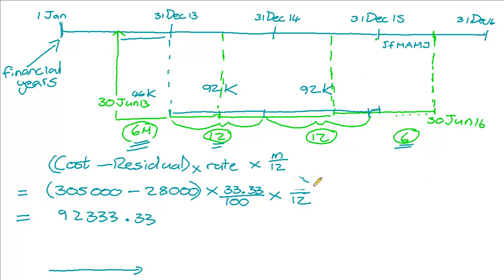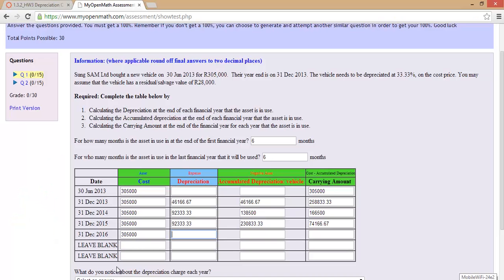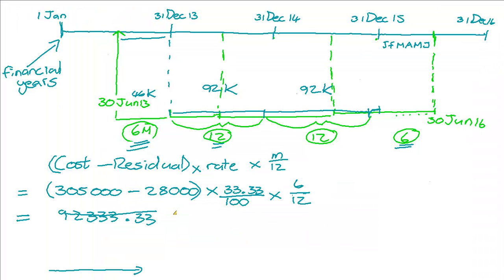If I take out this 12, that is going to be changed to 6 again, and this figure is then going to be changed back to the amount that we calculated for the first year, which is going to be, you can double check that with your calculator, exactly the same, 46,166.67.